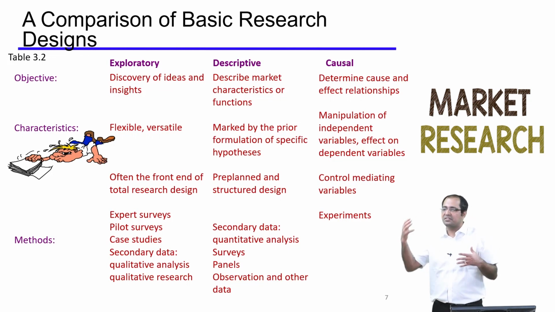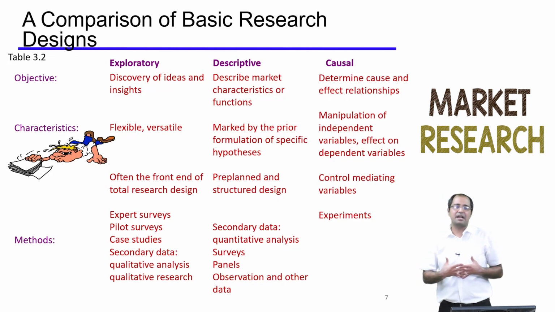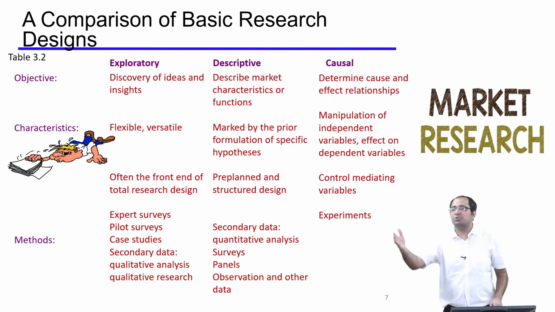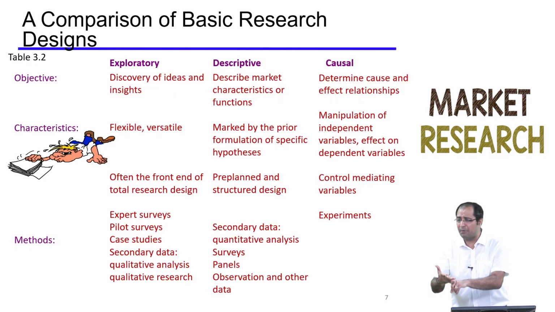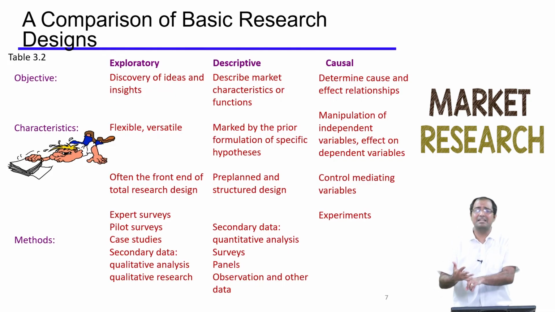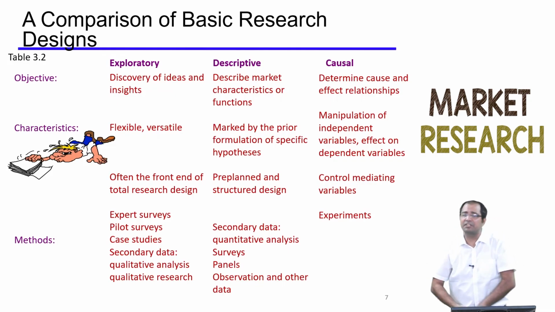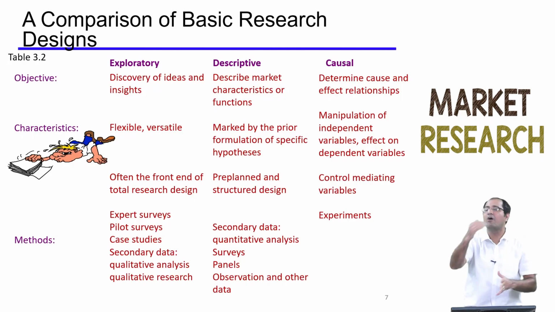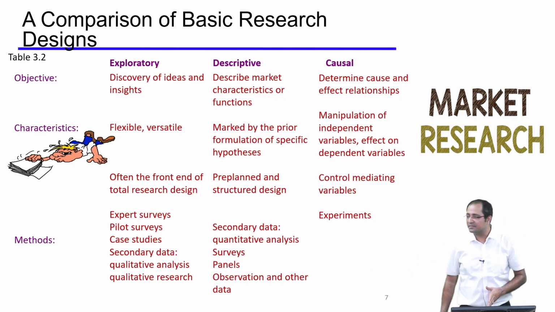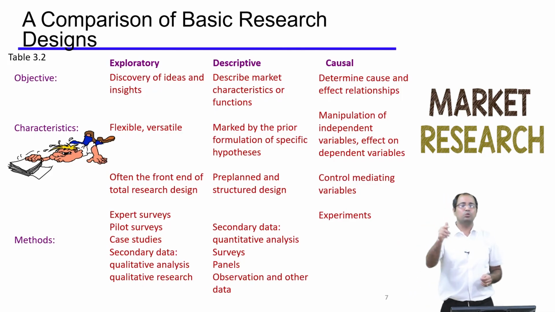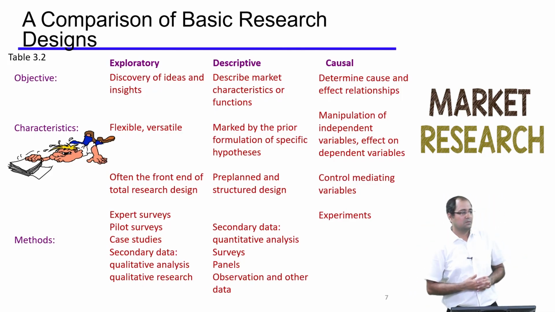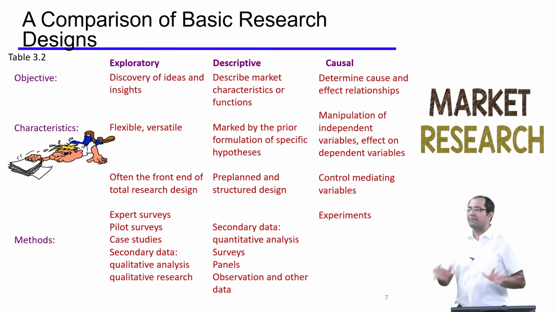So demographics are there, psychographics are there, and likewise you have many other market characteristics: how they think, how they feel about brands, what their beliefs are about particular brands, how they evaluate brands. All this is part of market characteristics. So once you collect data on that, you can use that data to test your hypothesis.